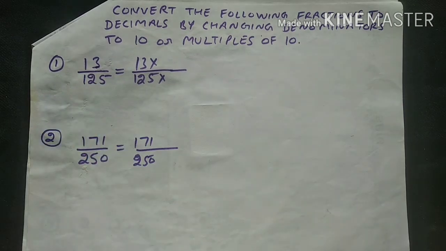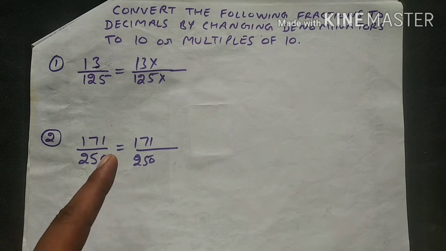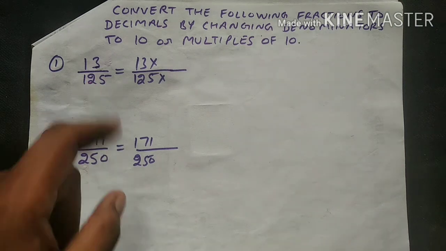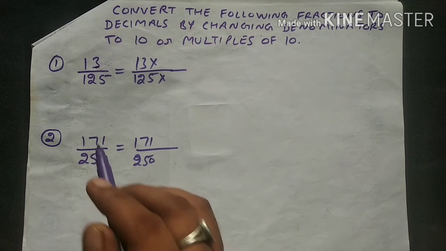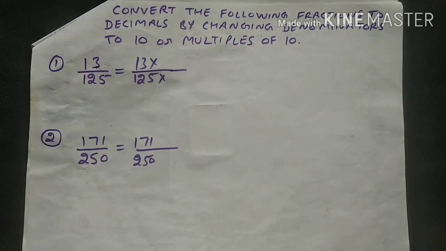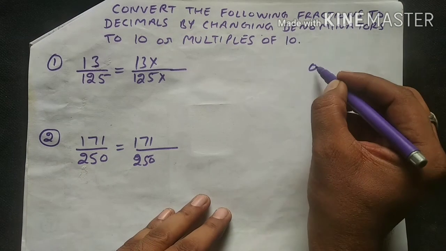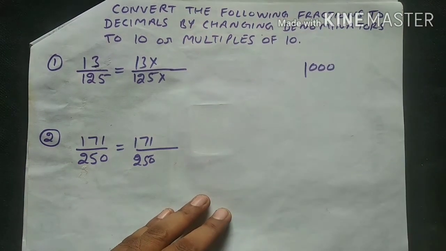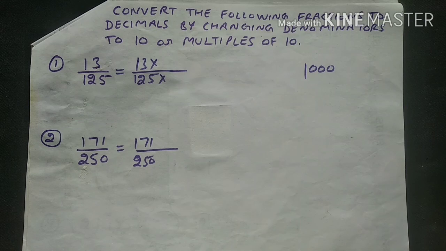So we will write a number that has more digits than the denominator. How many digits are there in the denominator? 3. So I need a 4-digit number, and the 4-digit number of the required type is 1000 only.